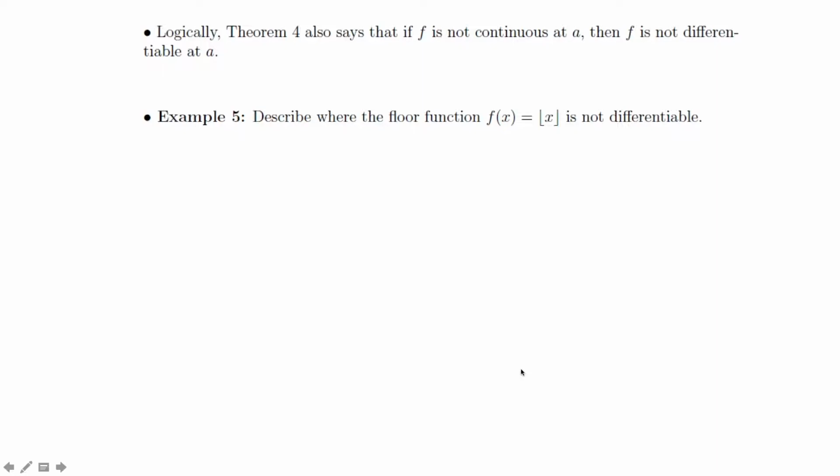All right, so let's look at another example where differentiability may not apply everywhere in a function. So we introduced this function the other day, the step function. And just as a reminder, the other day we talked about it in the context of a homework problem.